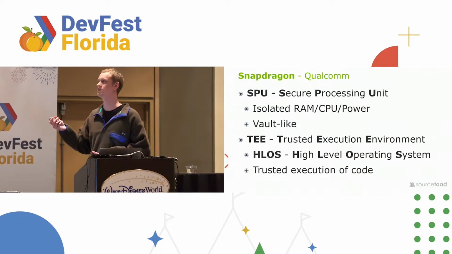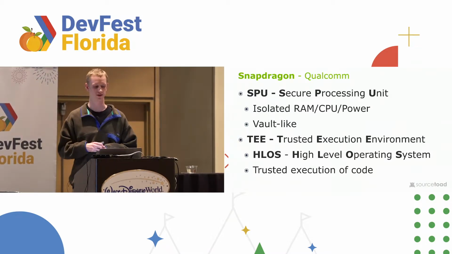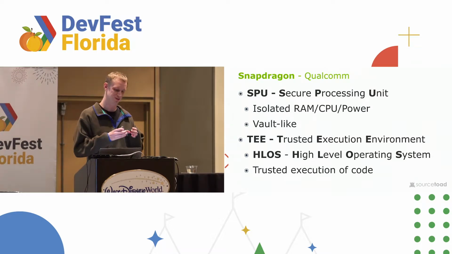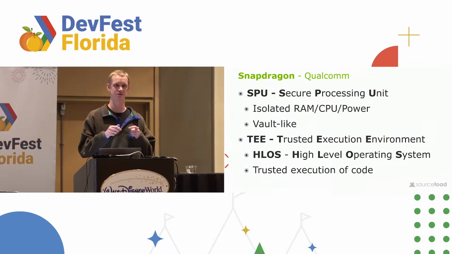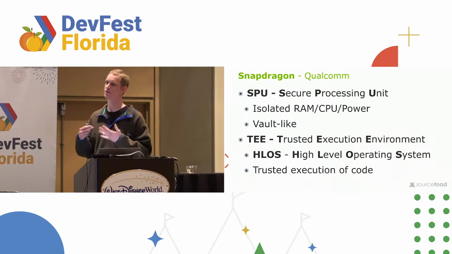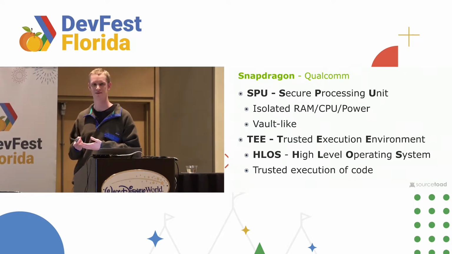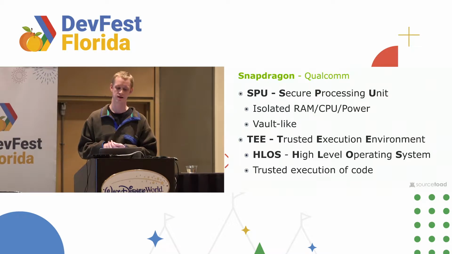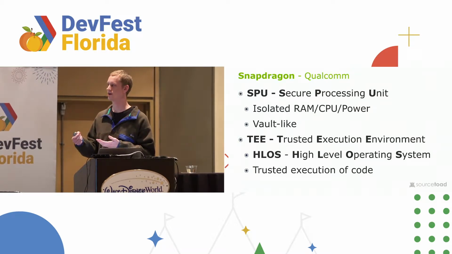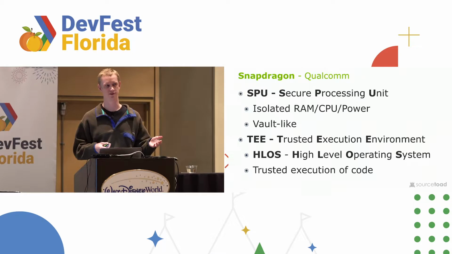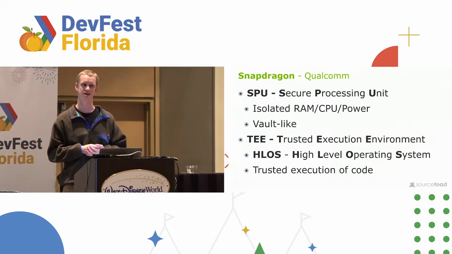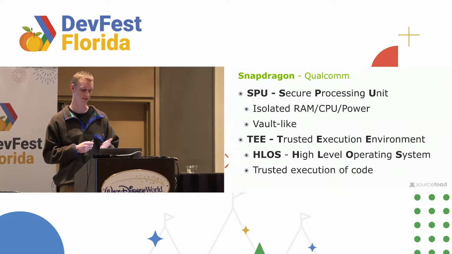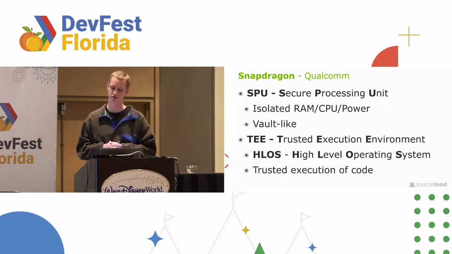There's an SPU, or secure processing unit, which on a chip is like a really isolated RAM and CPU, a vault-like thing that you put secrets and credentials into. Things can't break into it because it's isolated from the outside. Likewise, instead of a storage area, they have a TEE, prefixed with a Q for Qualcomm, but I'll just put TEE up here for Trusted Execution Environment.